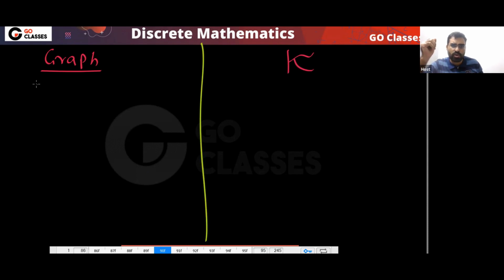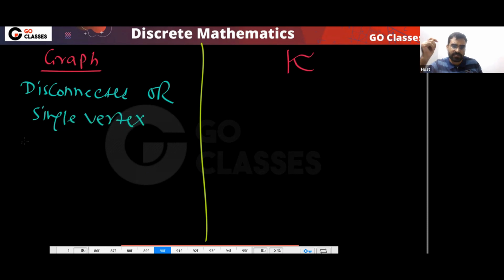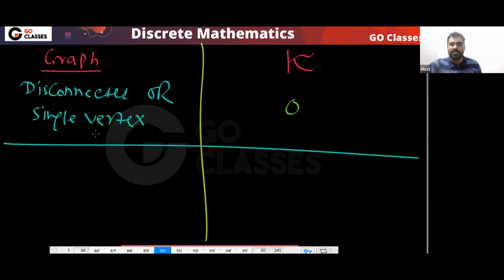If your graph is already disconnected or a single vertex, then kappa is defined as 0. So kappa is 0 if and only if your graph is already disconnected or you already have a single vertex.